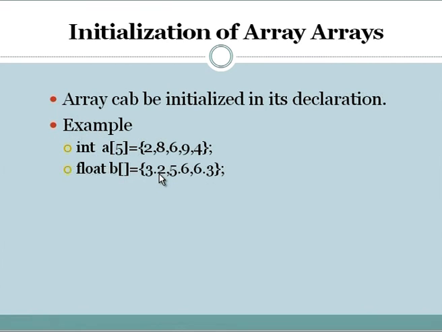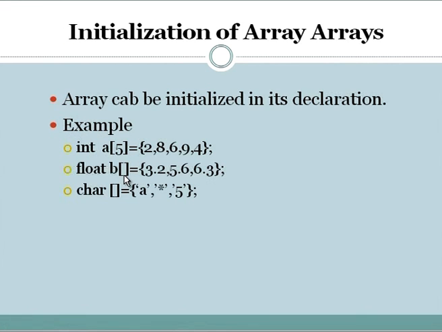As in this example, we are initializing the float array B to the initial values. Now here in this example, we have initialized the array to three values, 3.2, 5.6 and 6.3. As there are three values in the initialization list, thus the size of array will become 3.